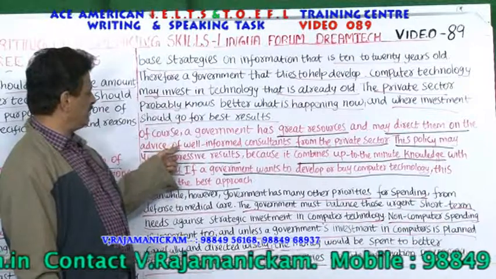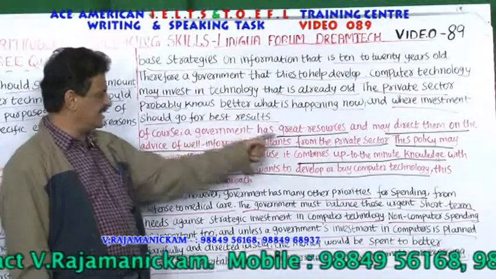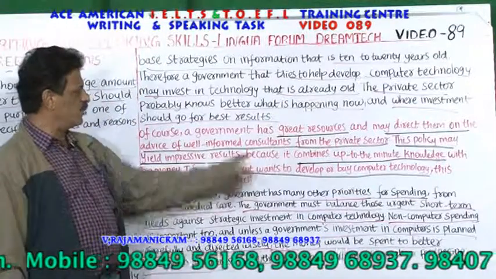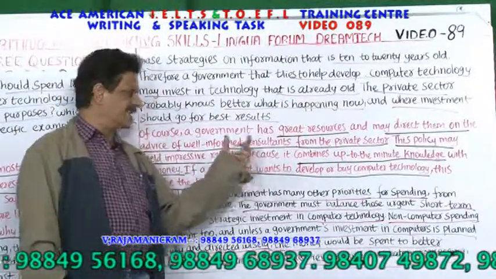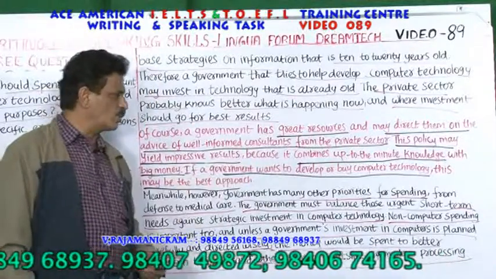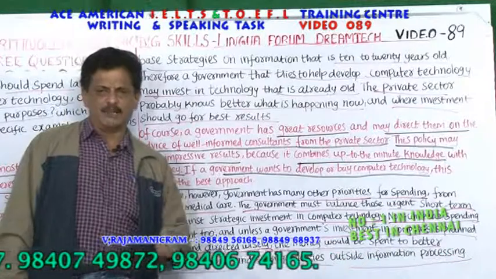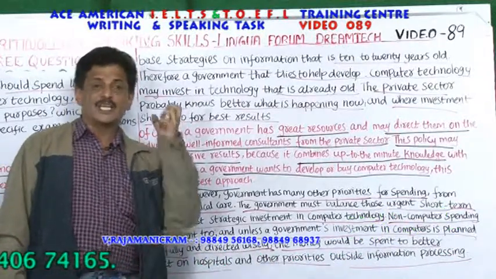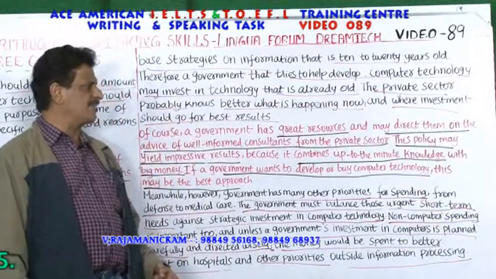And direct them on the advice of well-informed consultants from the private sector. ஸோ தனியார் துறையினருடைய அறிவுரையின் பேரில், கன்சல்டன்ஸ் என்றால் என்ன, எந்த துறையிலே சிறந்தவர்களாக இருக்கிறார்களோ அவர்களை கன்சல்டன்ஸ் என்று சொல்வார்கள். அந்த தனியார் துறையிலே நிபுணத்துவம் வாய்ந்தவர்களிடமிருந்து பெற்ற அறிவுரைகளை பெற்று கொள்முதல் செய்ய வேண்டிய துறையிலே அவர்கள் செய்ய வேண்டும்.